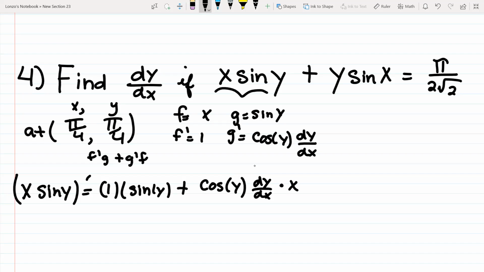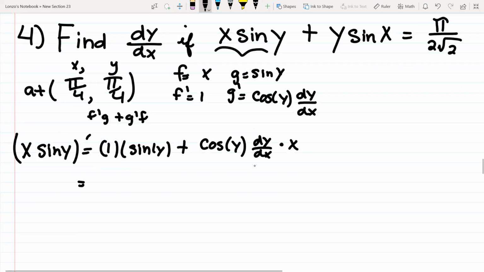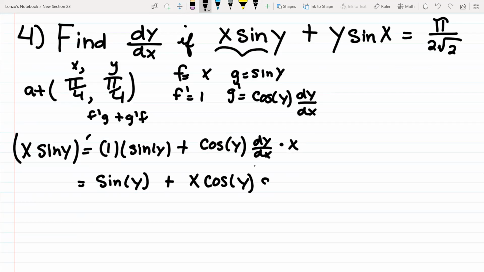Okay, so if you clean that up, you can rewrite this as sine of y plus x cosine of y dy over dx. Okay.